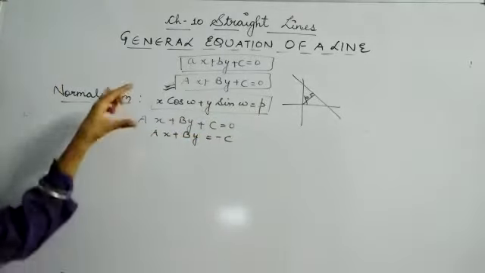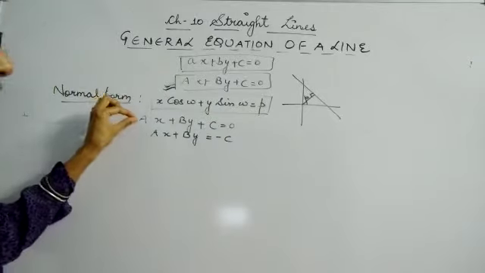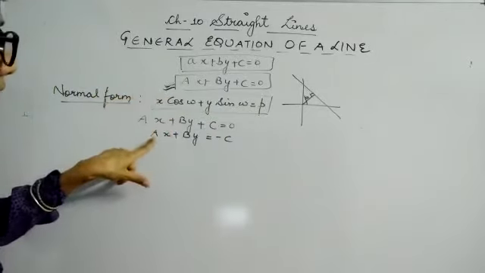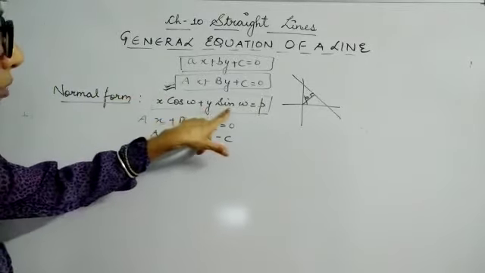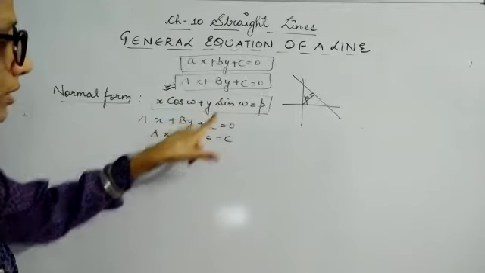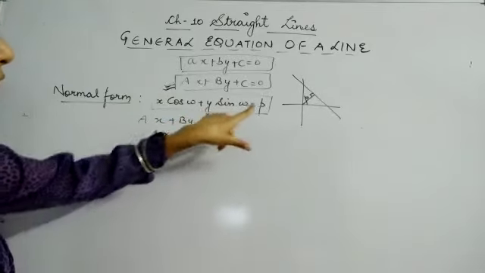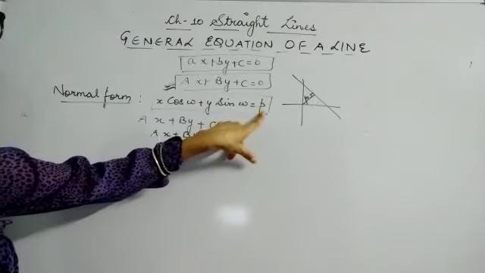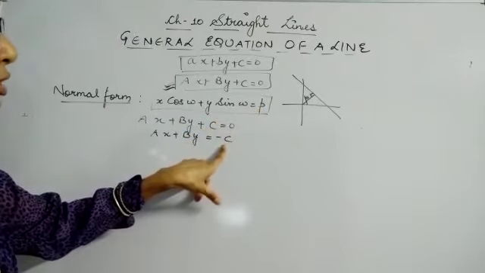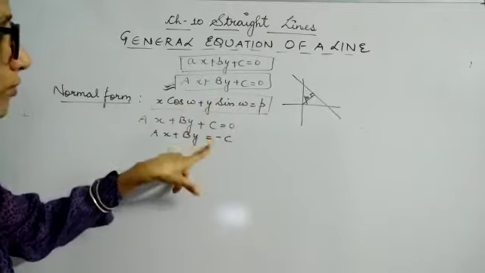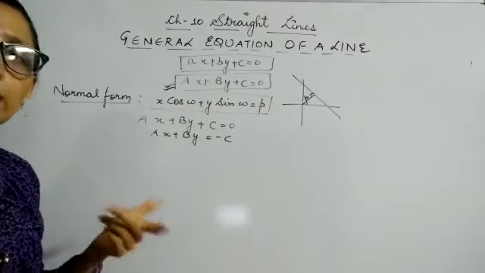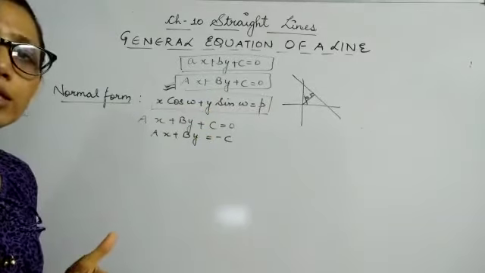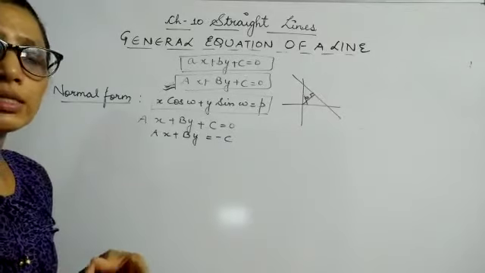Here the coefficient of y is given, and there also the coefficient of y is given. This is your distance p, a constant value, and here it is also a constant value. That means both of these are in the same form. If the lines are in the same form, I can say both the lines are the same.